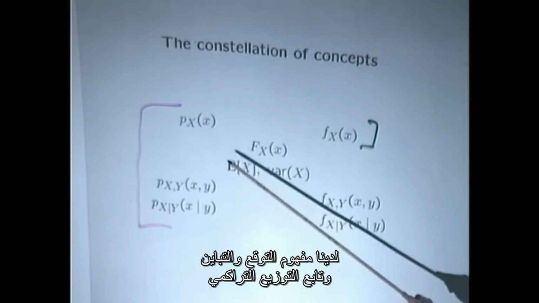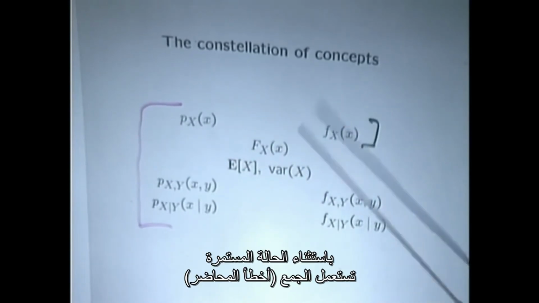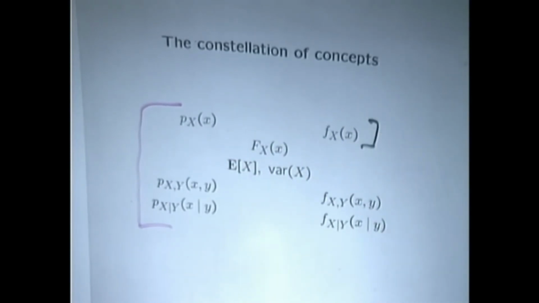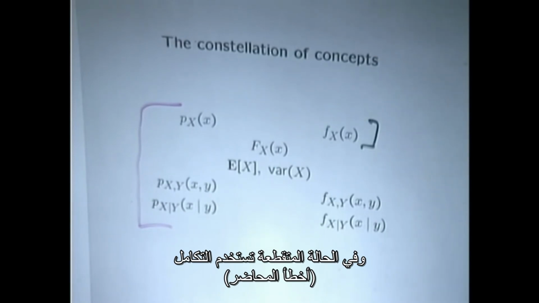We have the concepts of expectation and variance and CDF, and this kind of notation applies to both discrete and continuous cases. They're calculated the same way in both cases, except that in the continuous case you use integrals. In the discrete case you use sums.